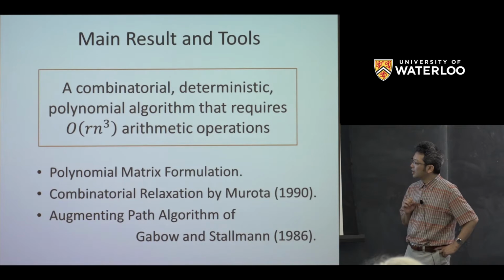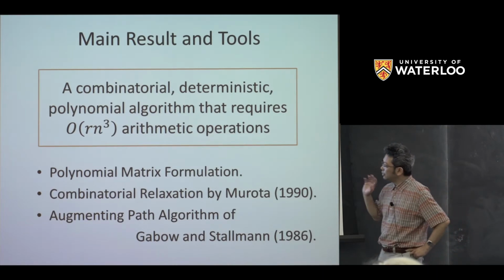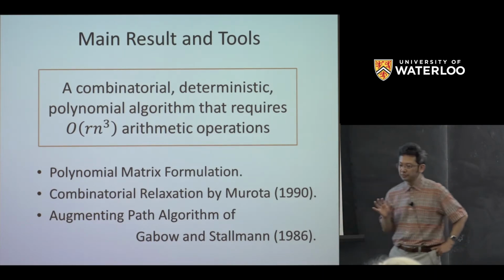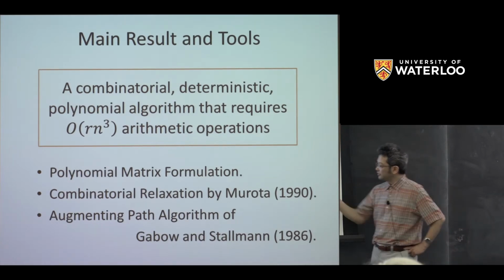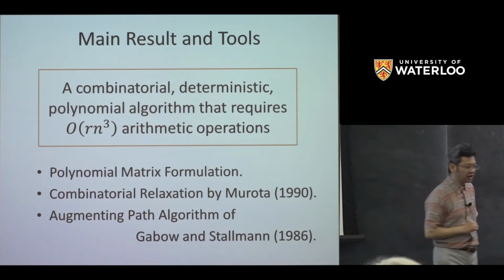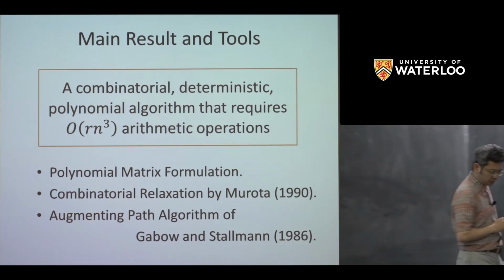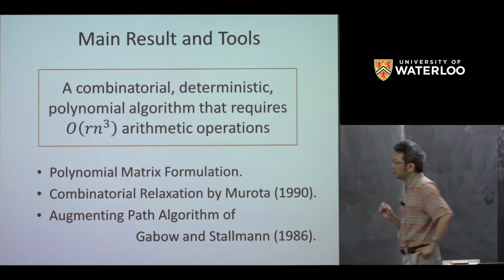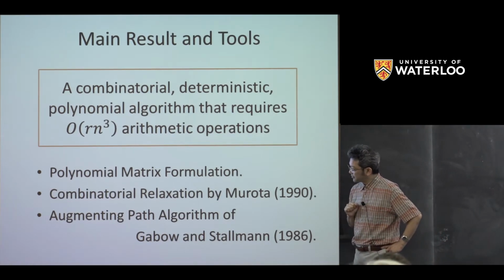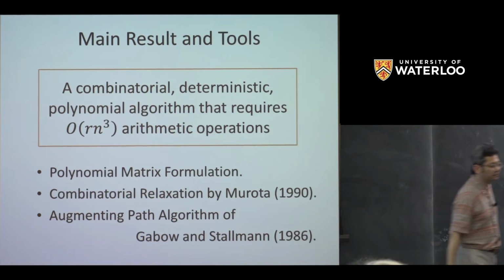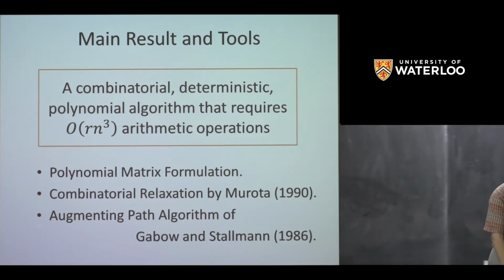The main tool here is a polynomial matrix formulation, just like before, but as a polynomial version. Some ideas come from the combinatorial relaxation of Kazuo Murota, which I will not talk about in detail. It is also based on the augmenting path algorithm of Gabow and Stallmann.